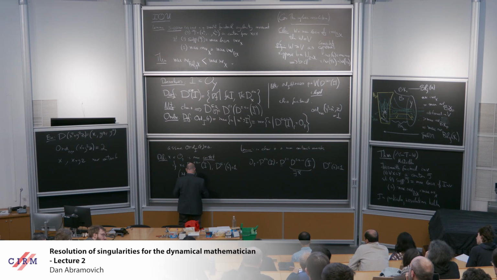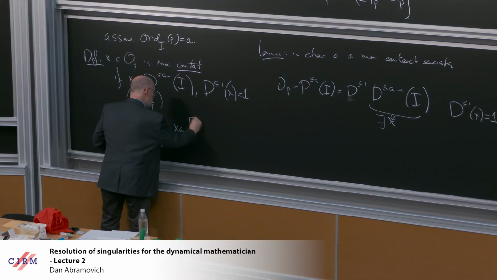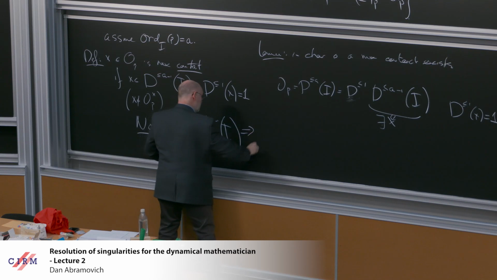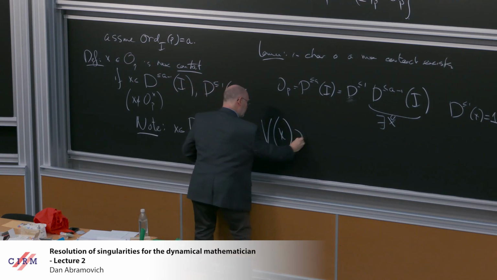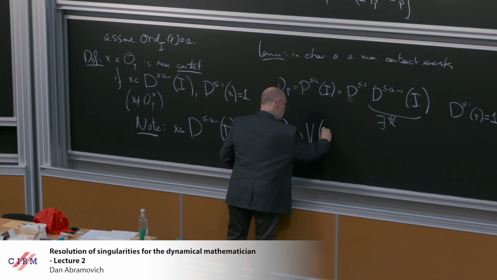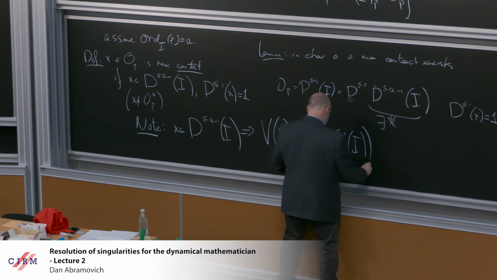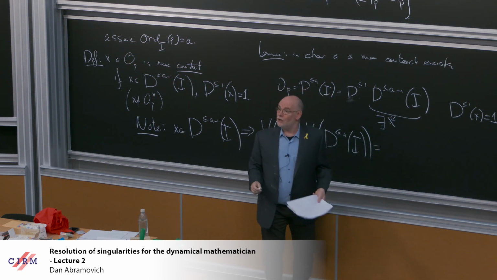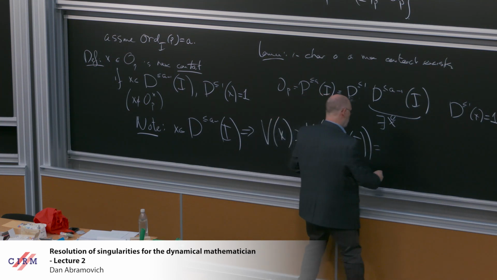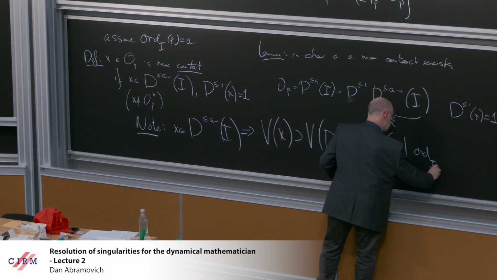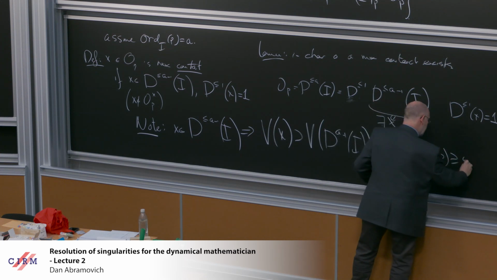If X is in the A minus 1 of I, then the vanishing locus of X contains the vanishing locus of the A minus 1 of I, which is the points of the order at least A locus.